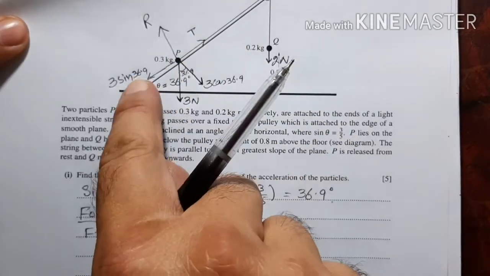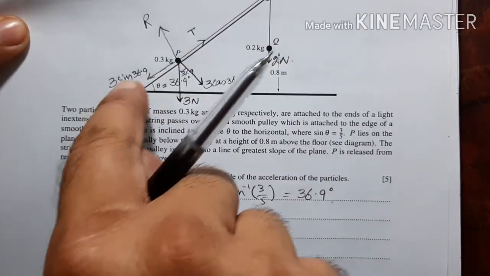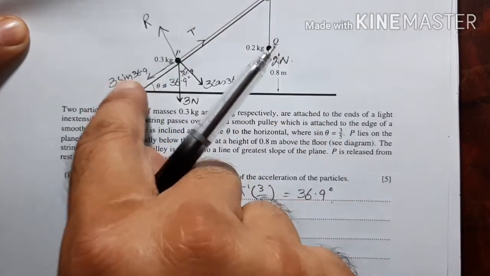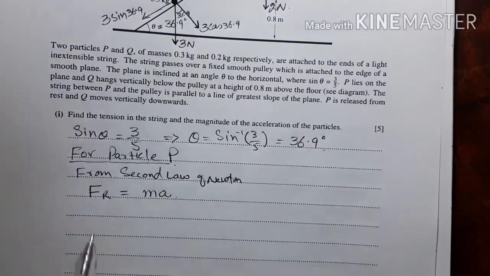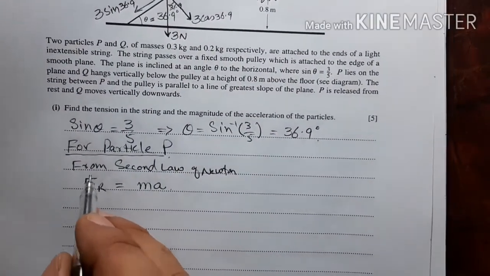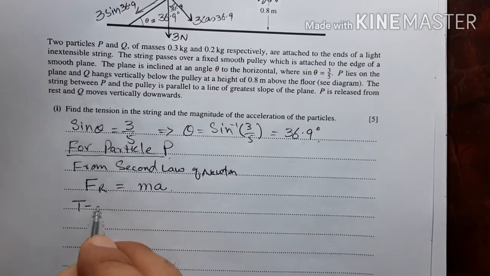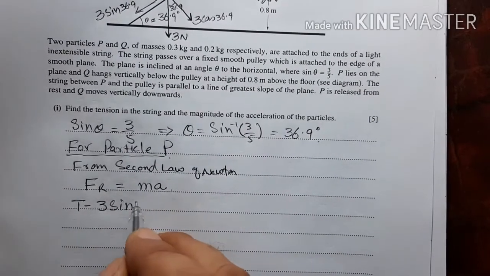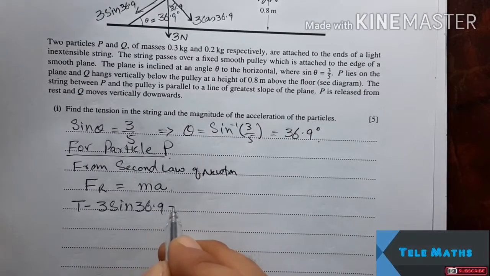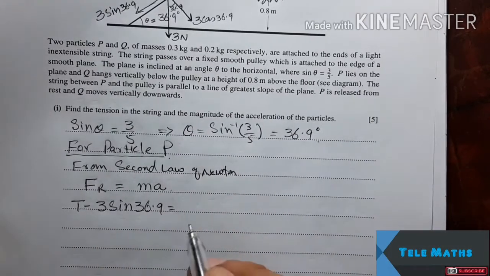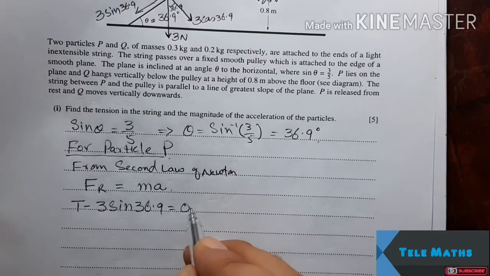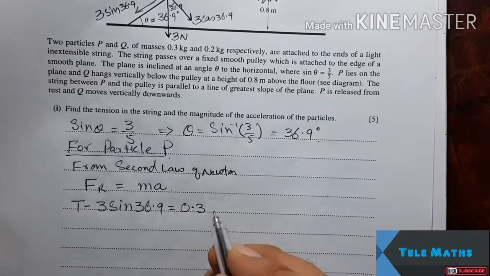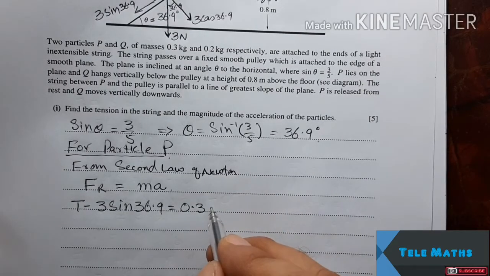This T minus this, because this force is pulling the particle downwards, so T minus 3 sine 36.9 is equal to mass of particle P, which is 0.3 kg, and acceleration is a.